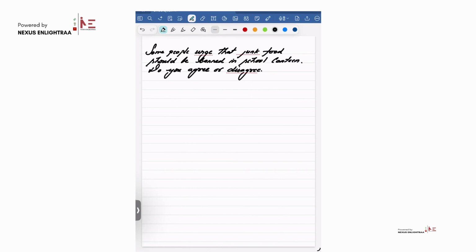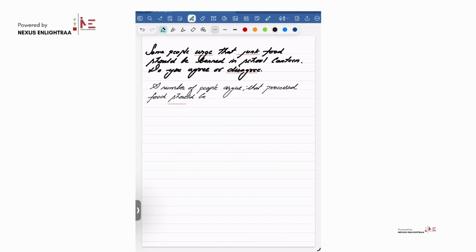I was thinking we could say a number of people argue that processed food should be, for banned we can use prohibited.